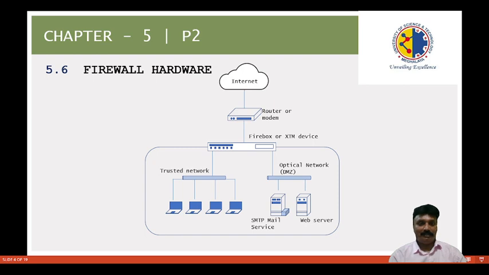So initially this type of connection is specifically used in optical networks. This optical network consists of the SMTP mail service, simple mail transfer protocol mail services, and web services from the web server.